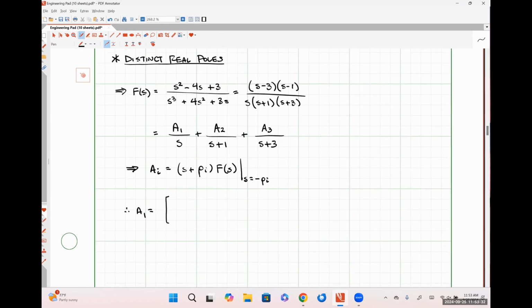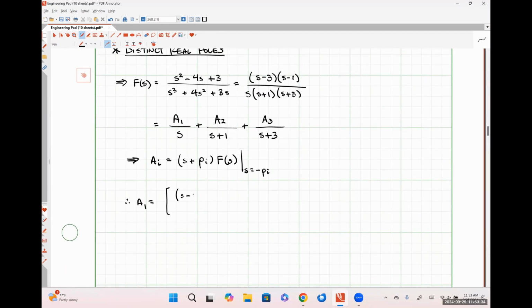So my original function, I had it factored to be s minus, let me change the order slightly, but it doesn't really matter, s minus 1 times s minus 3 over s times s plus 1 times s plus 3.